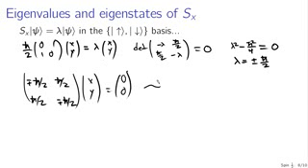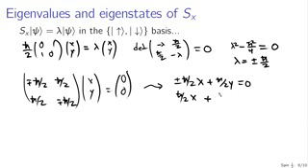Solving this system of equations, or just doing the matrix vector product, means we end up with minus or plus h bar over 2 x plus h bar over 2 y is equal to 0, or h bar over 2 x plus, minus or plus h bar over 2 y is equal to 0. Both of these equations, I can divide out the h bar over 2, both of these equations equivalently tell me that x is equal to plus or minus y.